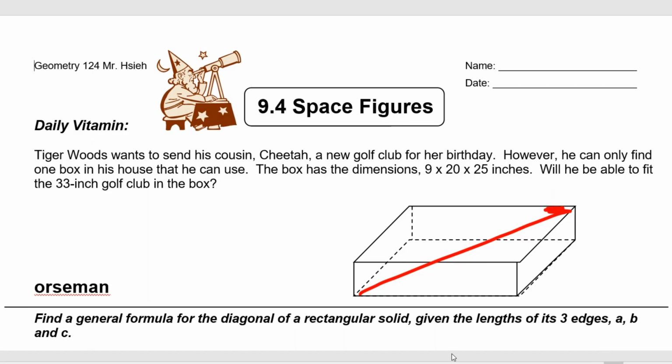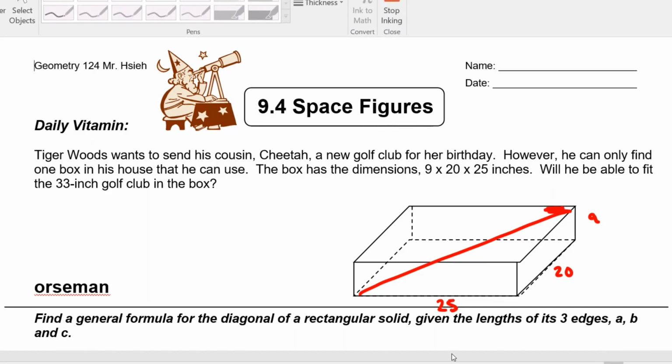The box has dimensions of 9, 20, and 25. You need to find out what that three-dimensional diagonal is, and then see if a 33-inch golf club will fit.